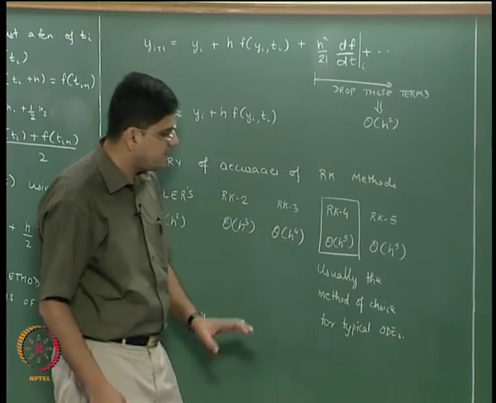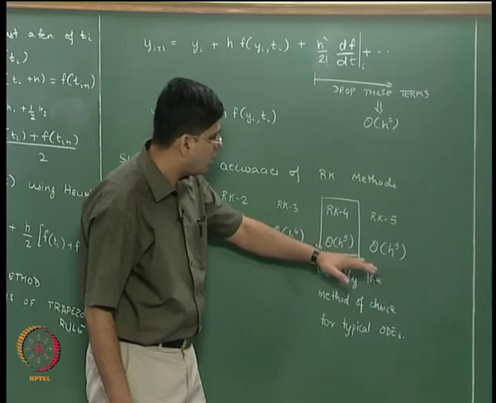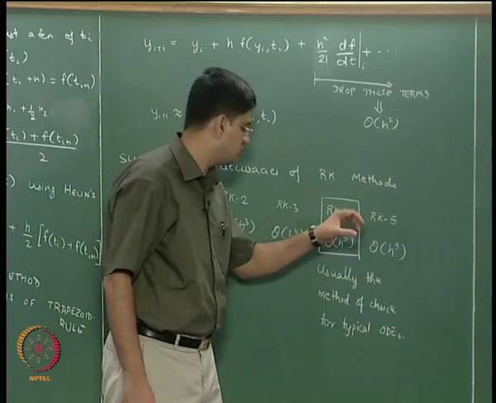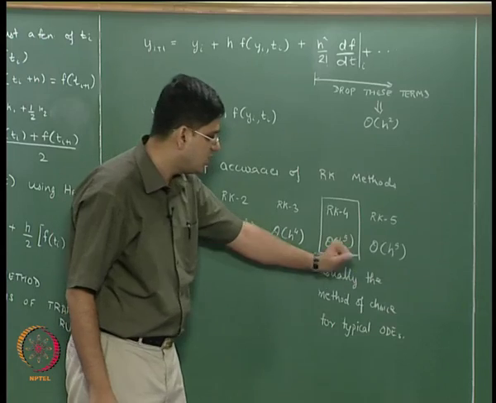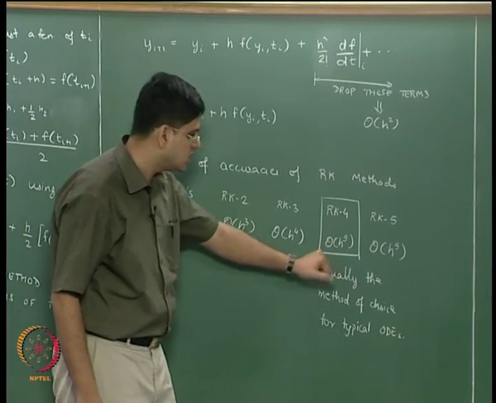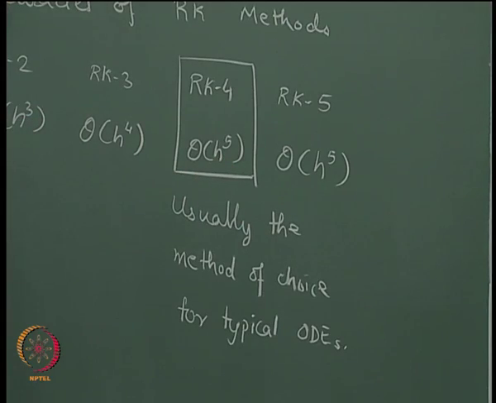But for a typical ODE IVP, you will find that the RK4 method is perhaps the most popular method that is used, and RK4 has an accuracy of the order h to the power 5.